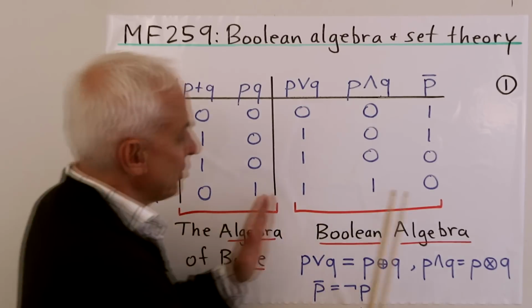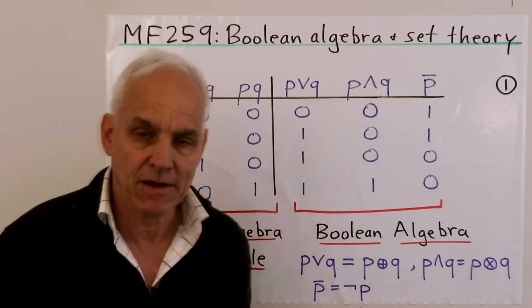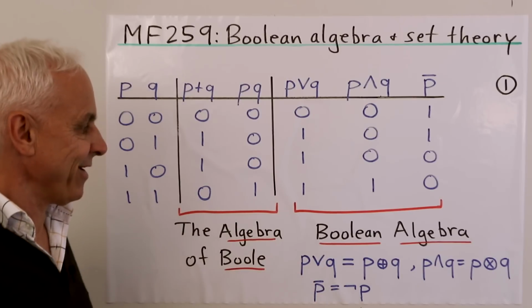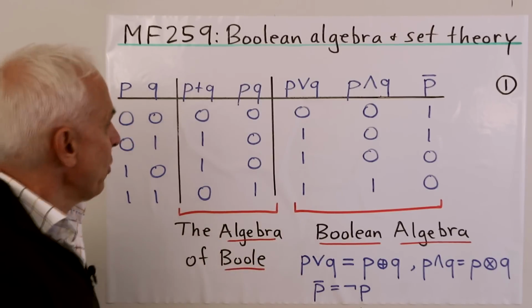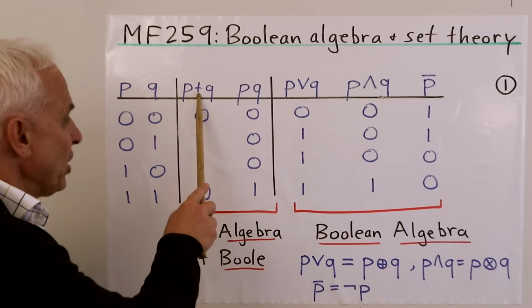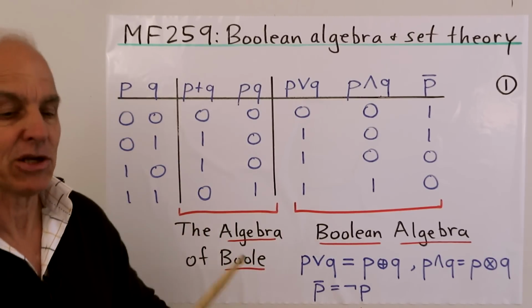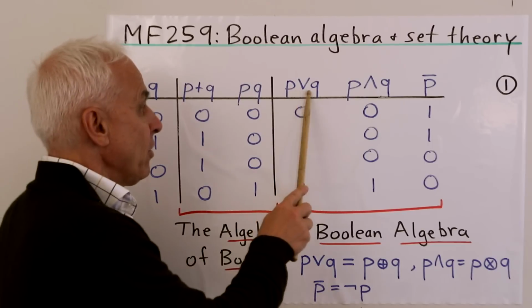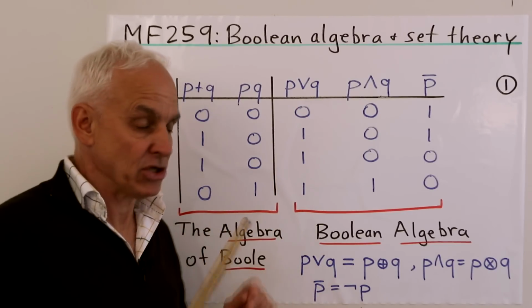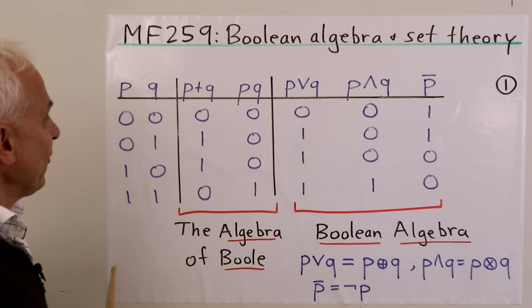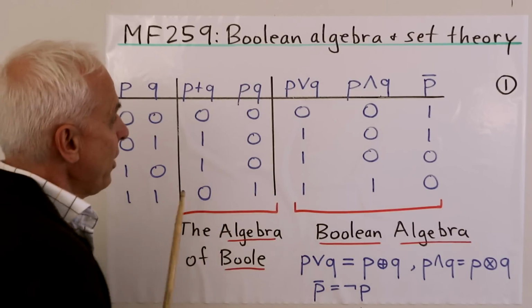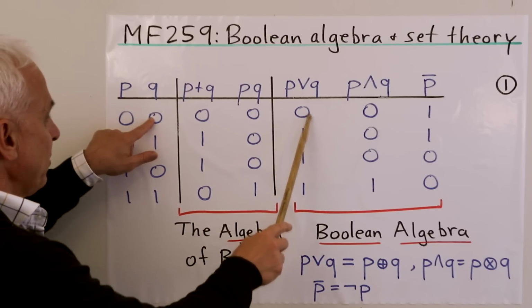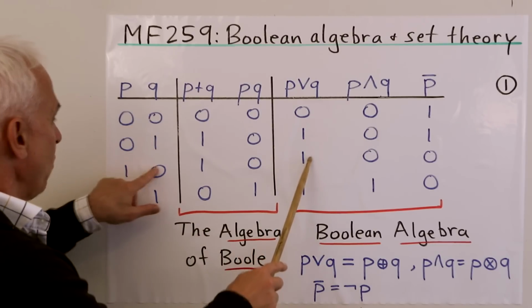And today we want to talk about a variant of that called Boolean algebra, where the operations are a little bit different. So instead of having the addition here, which is sort of the exclusive OR, we have the ordinary OR operation. So this is, you might say, P or Q. And when these are 0, we get 0, here we get 1, here we get 1, and here we get 1.